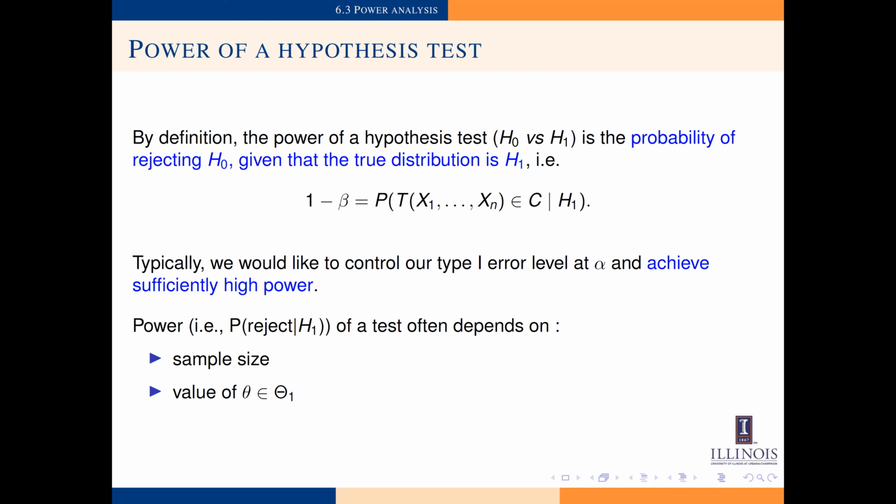Usually, the power of a test, which is the probability of rejecting the null given that the alternative is true, depends on the sample size of your test statistic, so how many n's you have, as well as the particular value of the parameter underlying your distribution of x. So in this case, theta belongs to the set theta 1, which corresponds to H1.